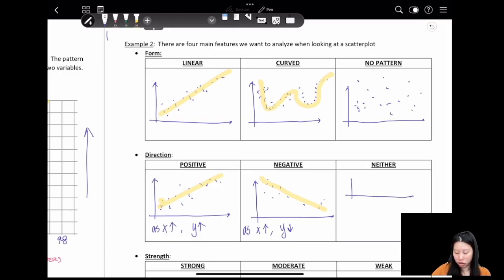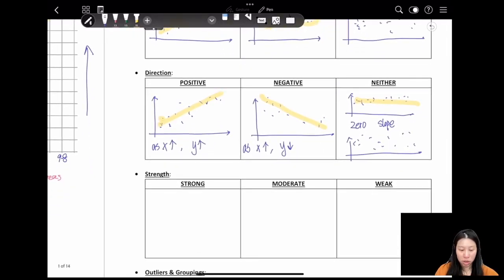Either it's going to look like a straight line, which we call zero slope, or they neither have a positive nor negative direction. They could be a no-pattern example where you can't find a straight line along with that.